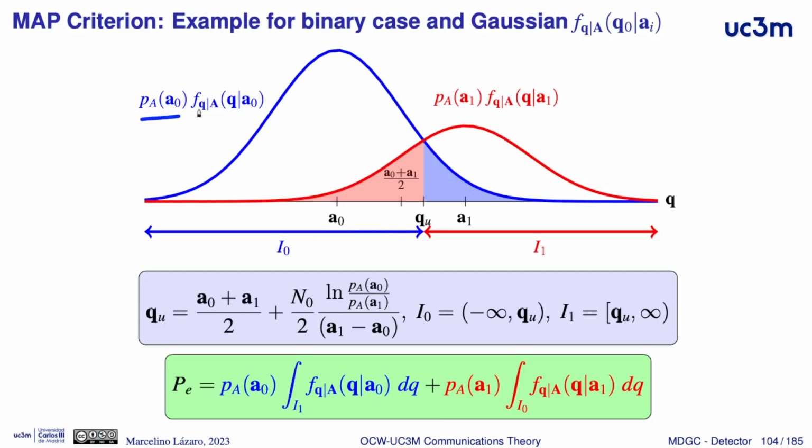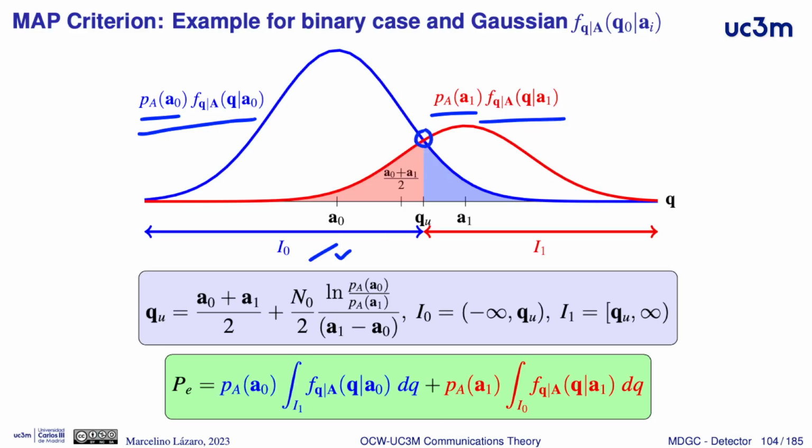Now each Gaussian is multiplied by the probability of the symbol, the probability of A0 and the probability of A1, and the decision region for A0 is given by the points where the product between the probability of the symbol A0 and the conditional probability of the observation given A0 is higher than the probability of symbol A1 times the conditional probability of the observation given the symbol A1.